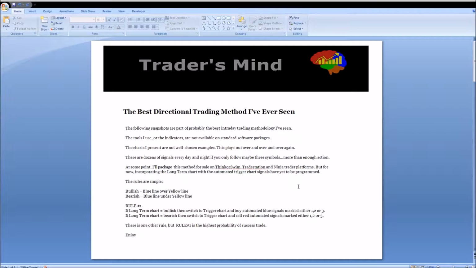So the problem that we're trying to fix is quite simply, can we turn a directional trading system into a high probability of success methodology that rivals what we're doing in the options market? The answer is probably no, but we may be able to get very close.